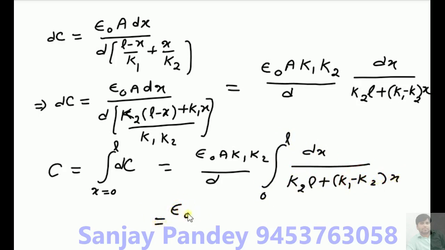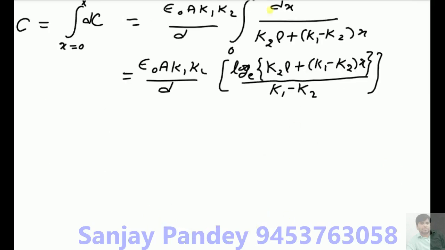The integration of this is log base e of K2 L plus K1 minus K2 x upon K1 minus K2. Now the lower limit is x equal to 0 and the upper limit is L. So substituting these limits we get epsilon naught A K1 K2 upon D.